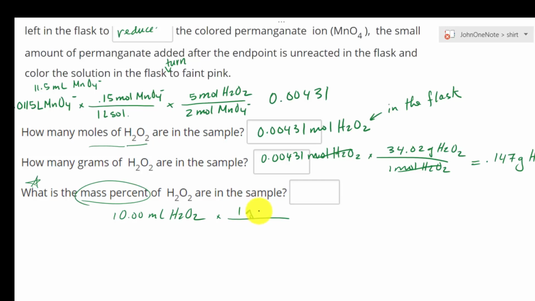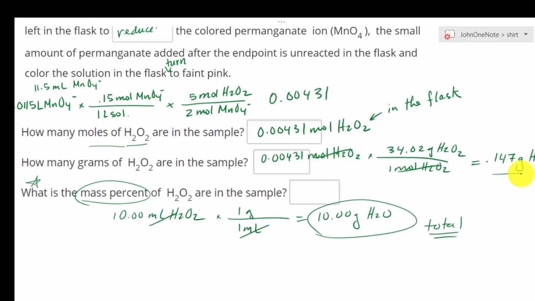So we have 1 gram over 1 milliliter. And look what happened to the milliliter. It's going to cancel out. So we have 10 grams of the solution. Now we have the total in the sample versus the part. Again, percentage is equal to part divided by total times 100.